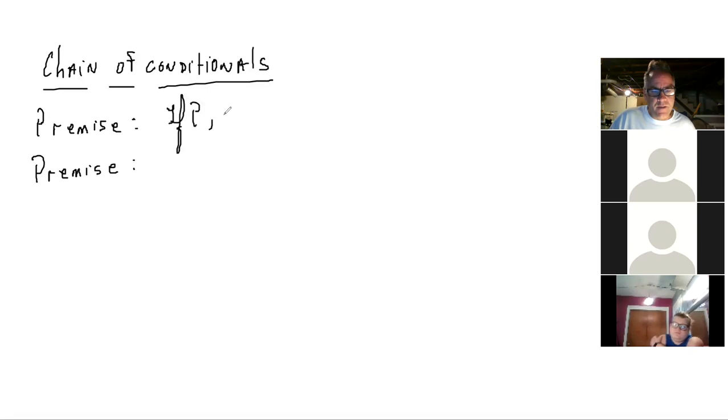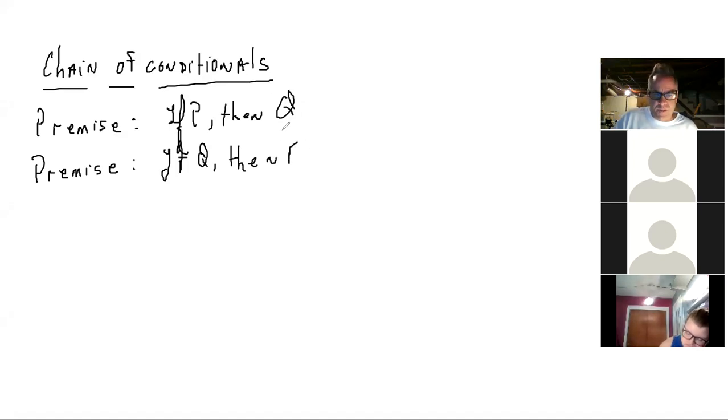If P, then Q, and then the next premise is going to go, if Q, then R. Notice that Q is the same one here, and I apologize, I need to be a little more consistent.